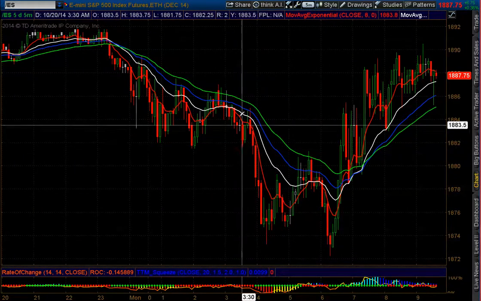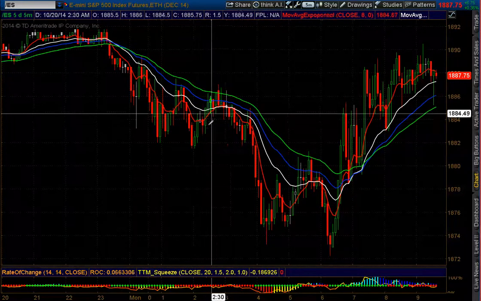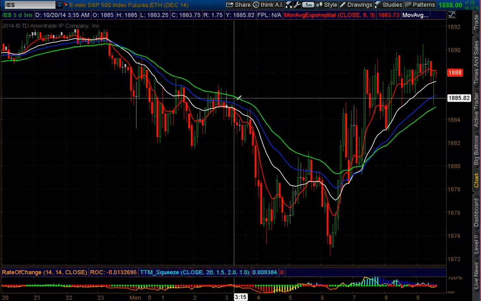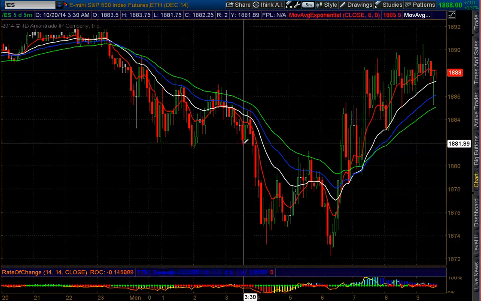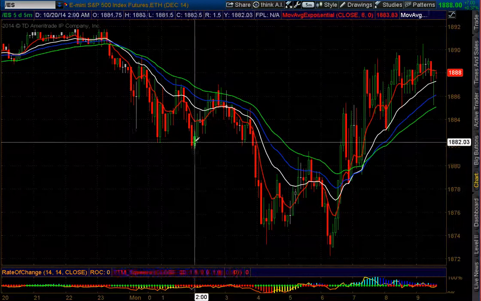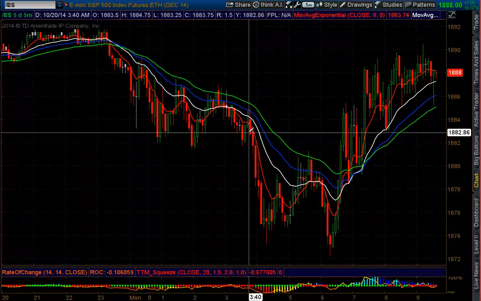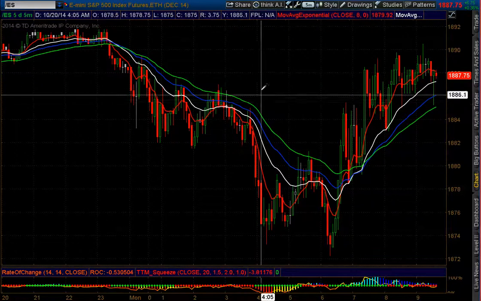Now look here. In this cycle, this low here is lower than this. So this is a potential cycle reversal because now this low is higher. So this is a potential reversal to see if this then could break out above the moving averages.